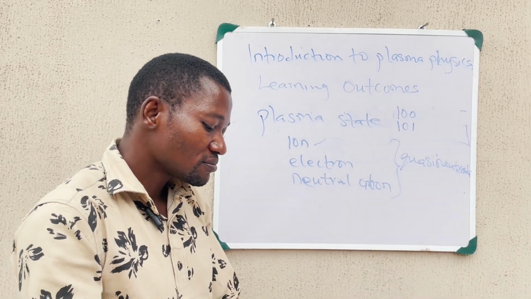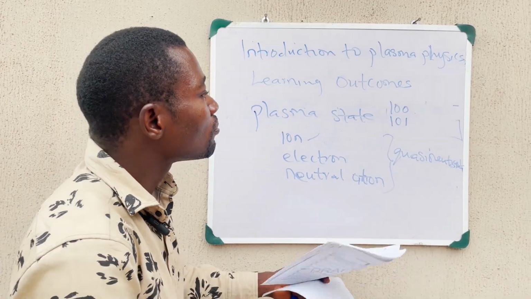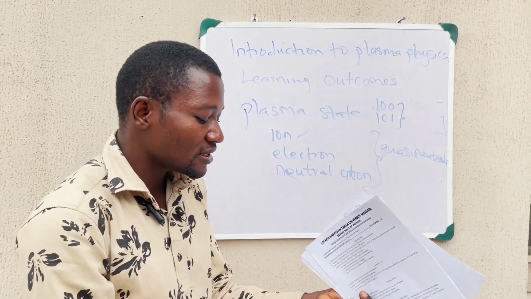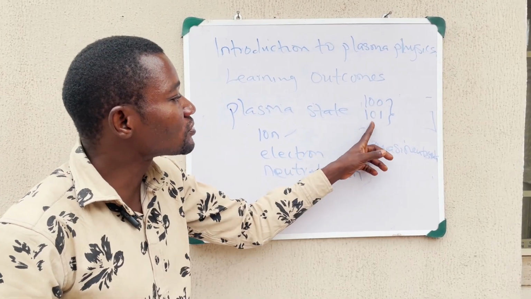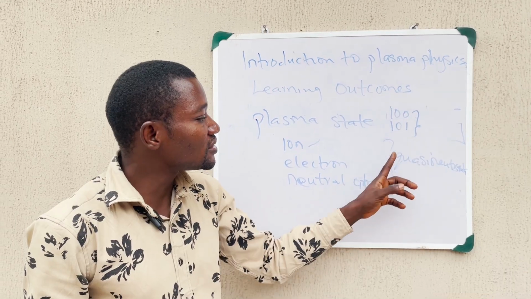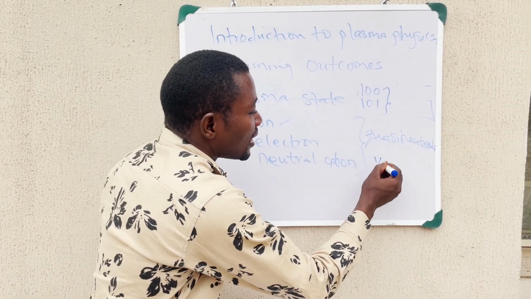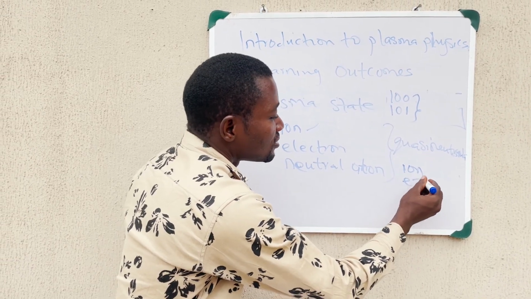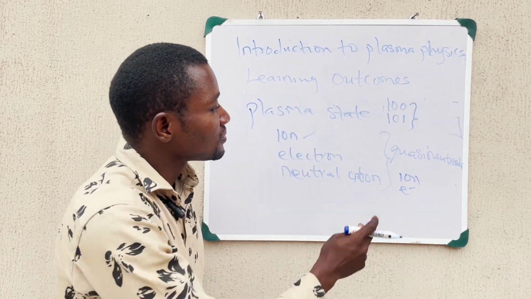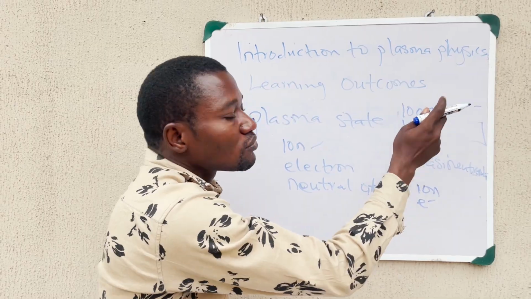And what do we mean by quasi-neutrality? Quasi-neutrality means almost neutral, like the instance given here, where the number of ions and electrons almost cancel out. The ions are positively charged and the electrons negatively charged, so for a system with 100 ions and 101 electrons, the system is almost neutral.